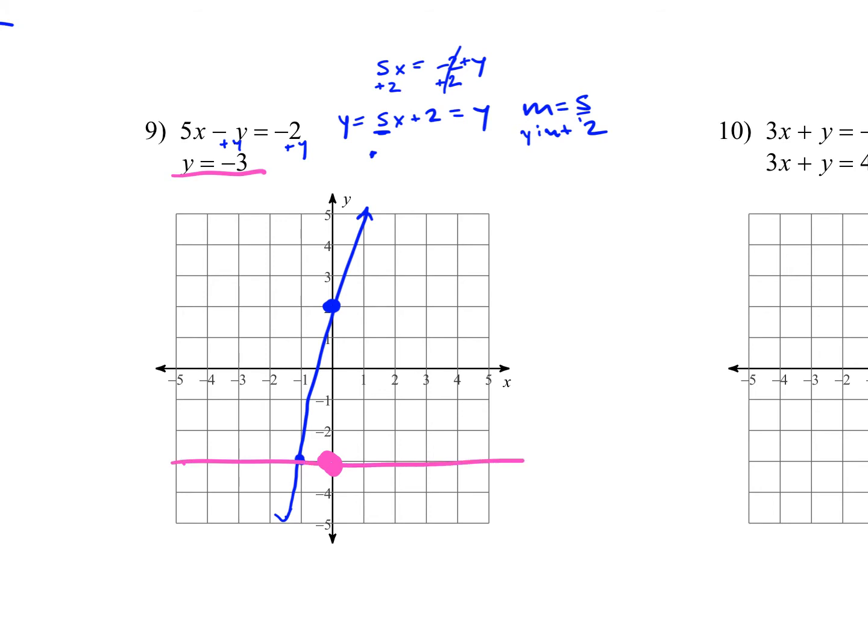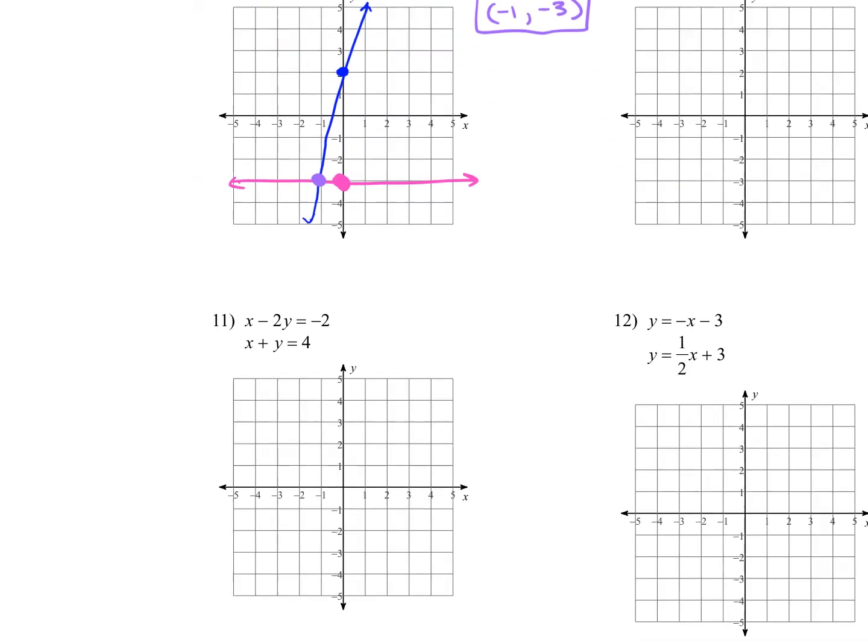Horizontal, because if I put a vertical line through that point, then it wouldn't have mattered that I put a point at -3 on y. So it has to be a horizontal line. Now where do these two lines intersect? Awesome. -1, -3. So that's my answer. All right, let's take a look at 11.